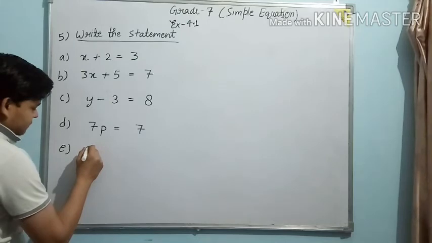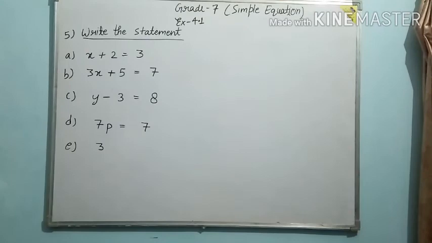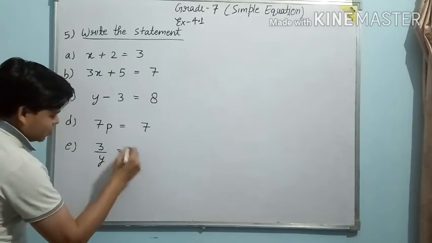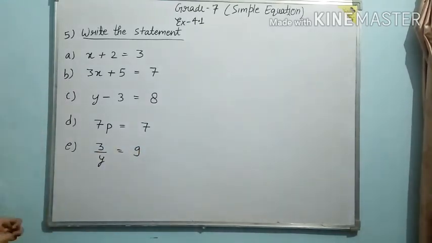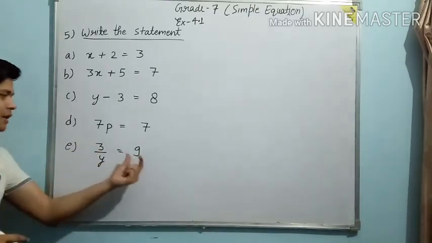Say 3 divided by y is equals to, say, 9. So we can write now that the quotient of 3 and y gives 9.